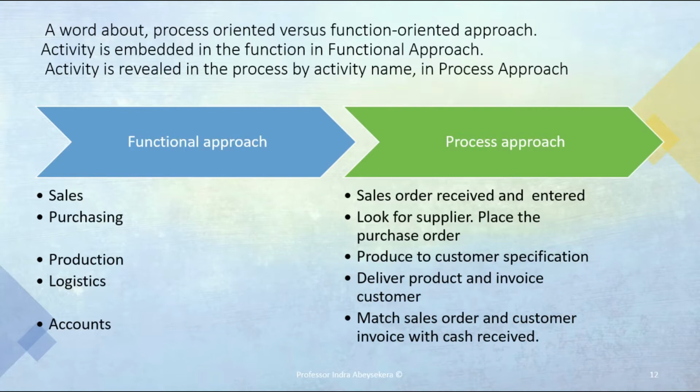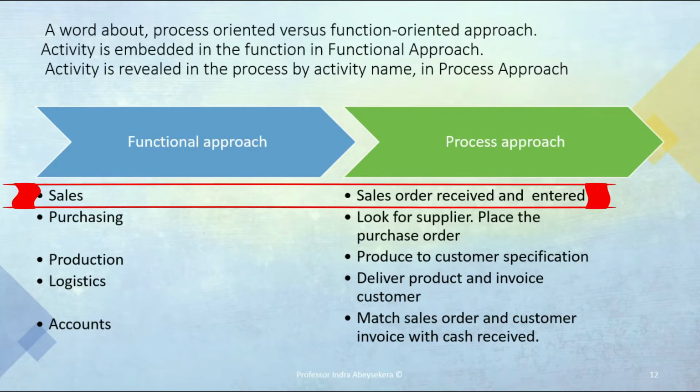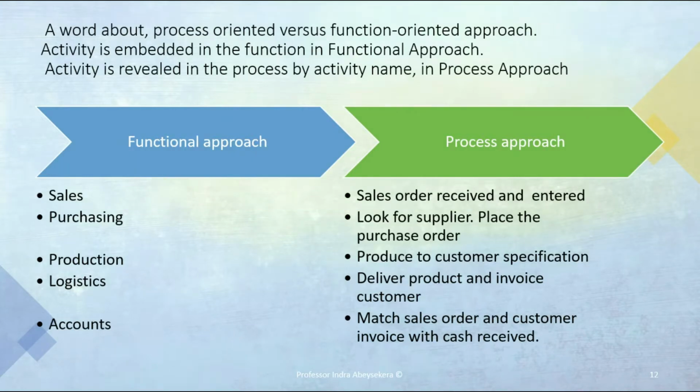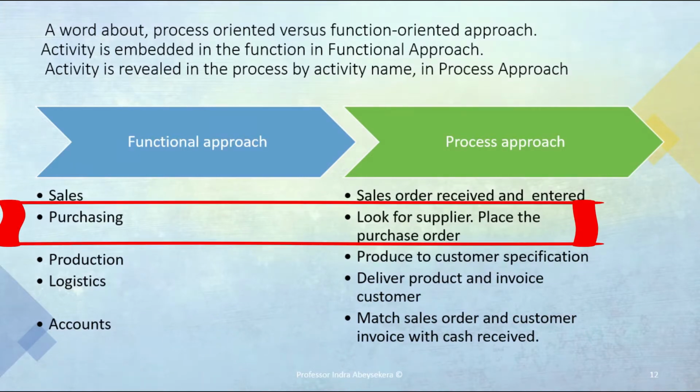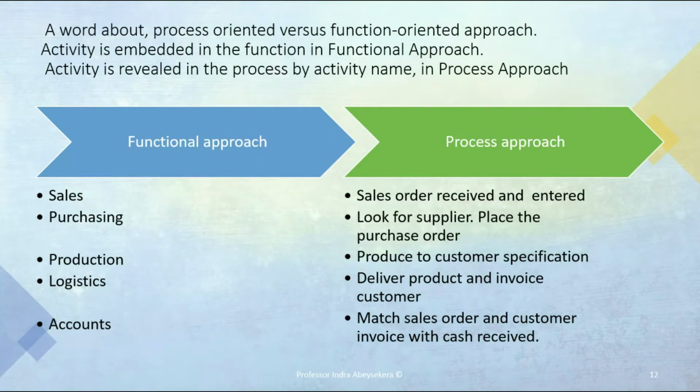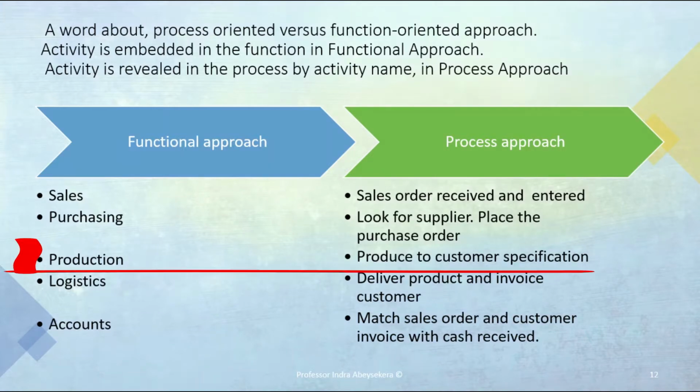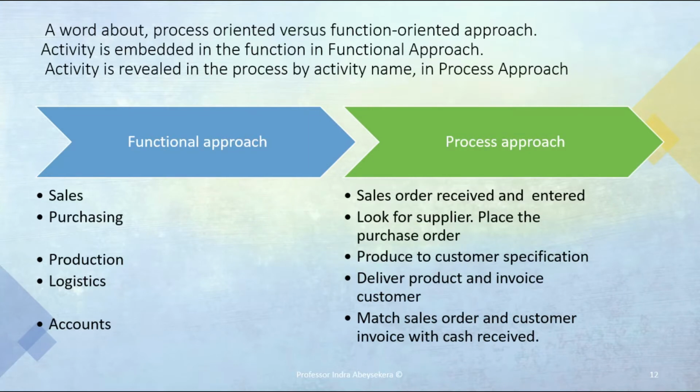For example, a sales order received and entered is done by the sales department. Looking for a supplier and placing the purchase order to satisfy that sales order is done by the purchasing department. And producing to customer specification is done by the production department if the item is being produced in the organization.